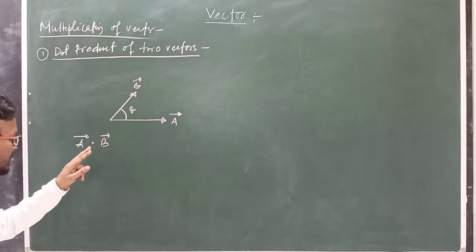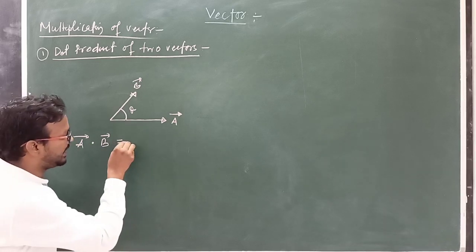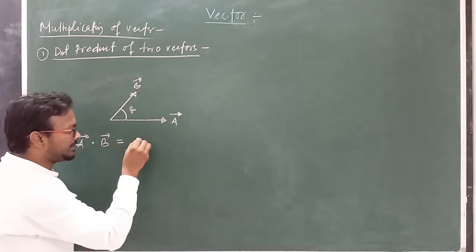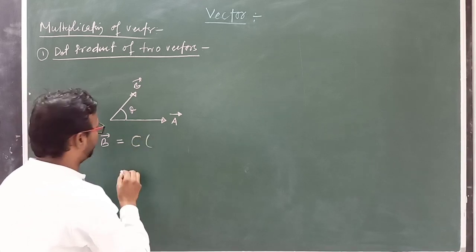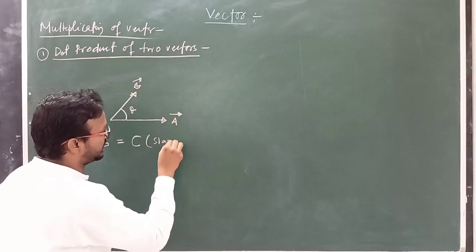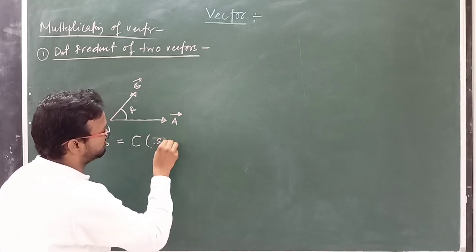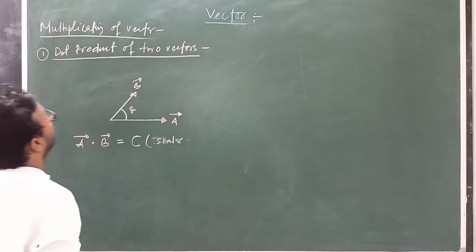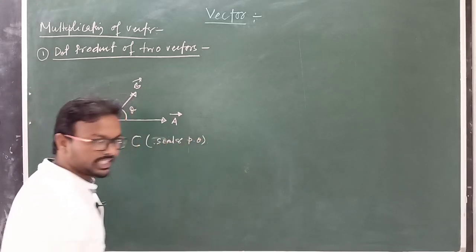So that's why it is known as the dot product of two vectors, and it gives another physical quantity, and that physical quantity is scalar.